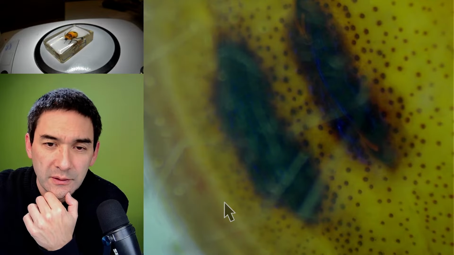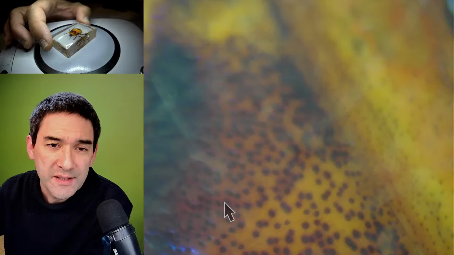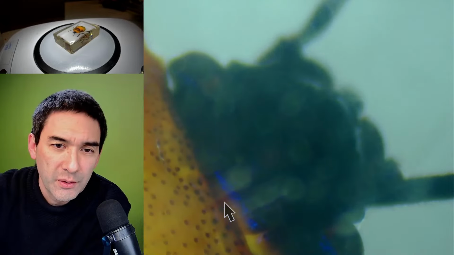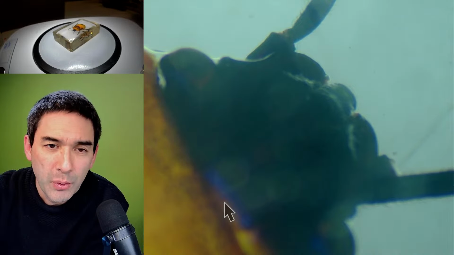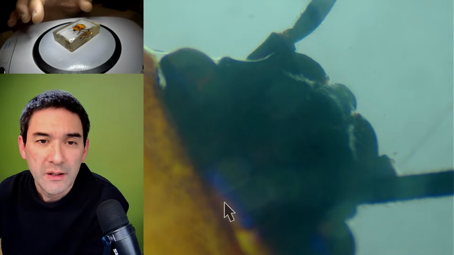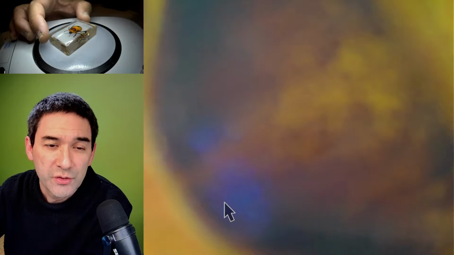So you see, it kind of works, but the contrast is not the best. Yeah, as expected. So using this epoxy resin as a way of preserving specimens for stereomicroscopy might have its limitations, and I think we have to somehow make sure that the surface is sufficiently smooth.